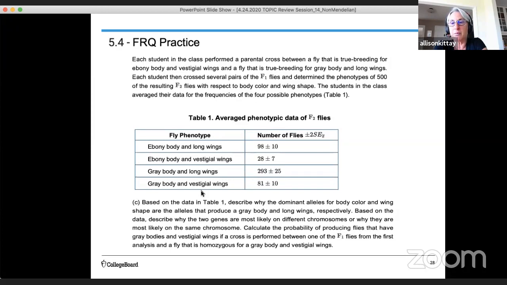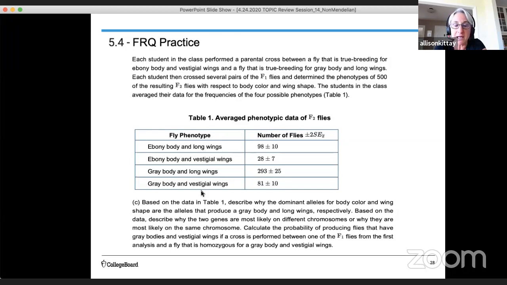It was being able to apply mathematics and statistics to the observations that he was seeing in his crosses with pea plants. So that number 500, those numbers that you see in the data table: ebony body and long wings is 98, ebony body and vestigial wings is 28, gray body and long wings is 293, and gray body and vestigial wings is 81.